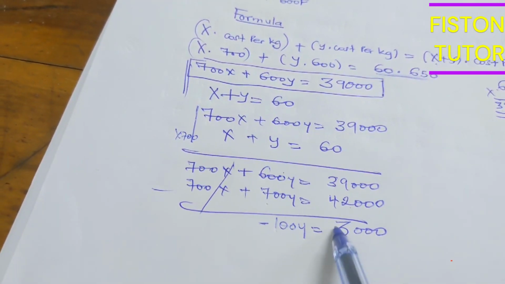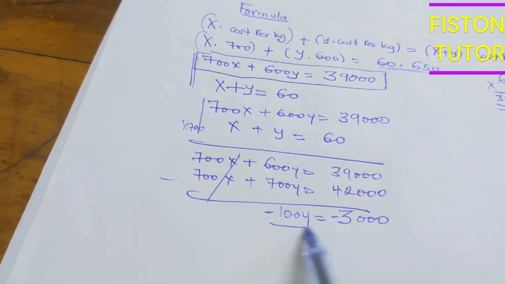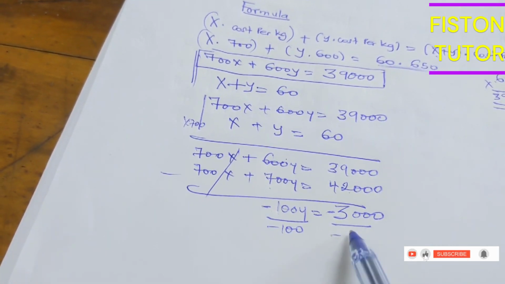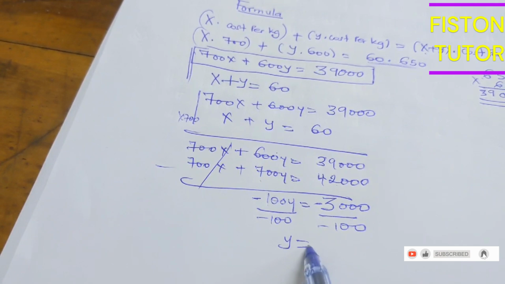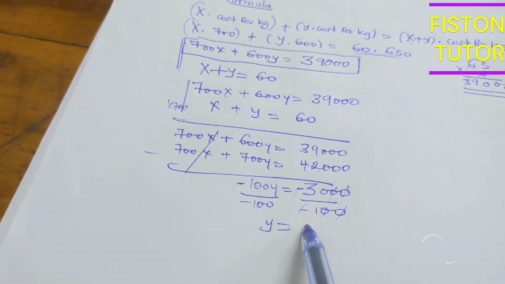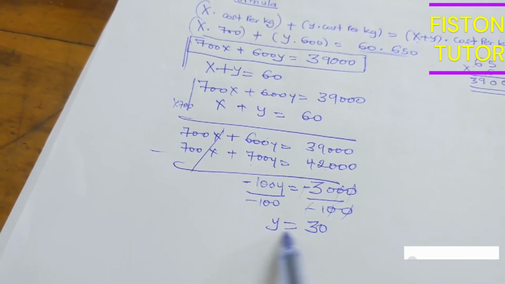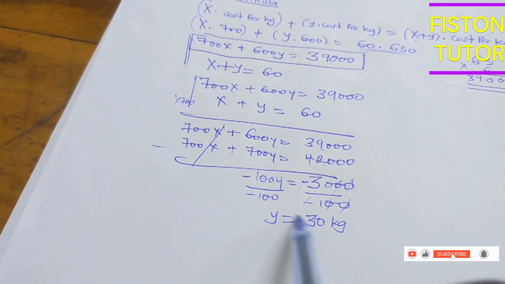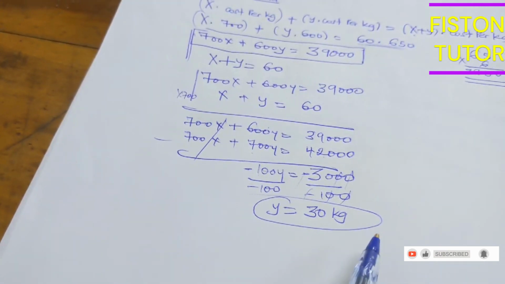Now, let us divide by minus 100 and minus 100. This one will be cancelled and this one will be cancelled, to get 30. And here the unit must be kilogram because the first type is in kilograms.